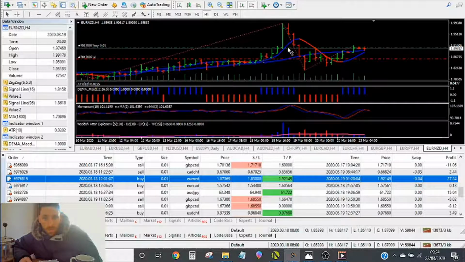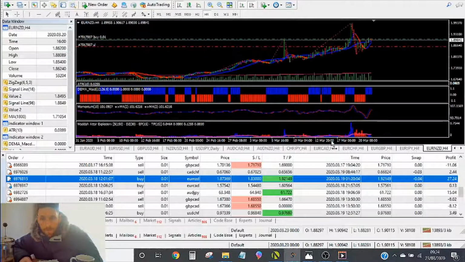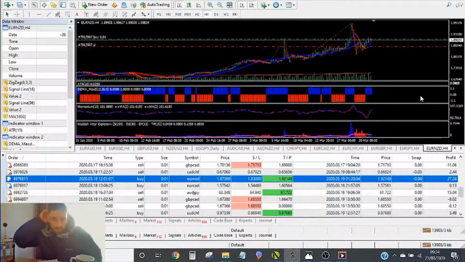I took a nice 1-to-1 risk to reward ratio as well. Market has since retraced and then resumed back in the direction of the trend, so I've jumped back onto this pair and taken a position, hoping for another long move.